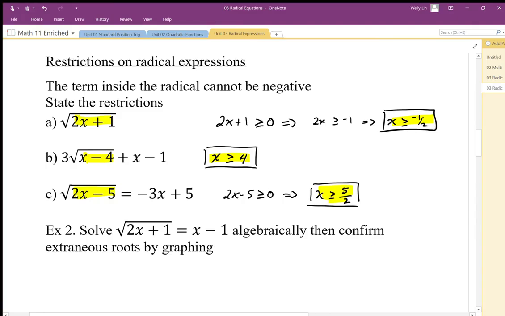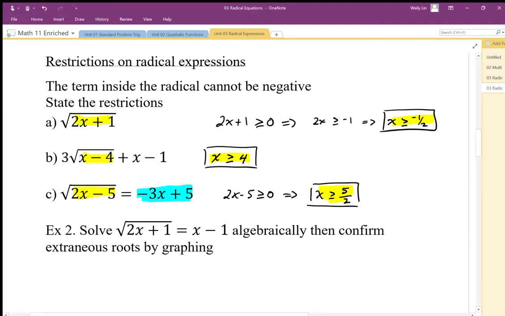So that's the most important part, making sure you understand the inside restriction. Now I'm going to add a little bit to this and say that there's also an outside restriction, because this square root cannot equal a negative. Remember that the square root is a principal square root, meaning that when we do the square root, we always get a positive value. So this expression here can't be negative.